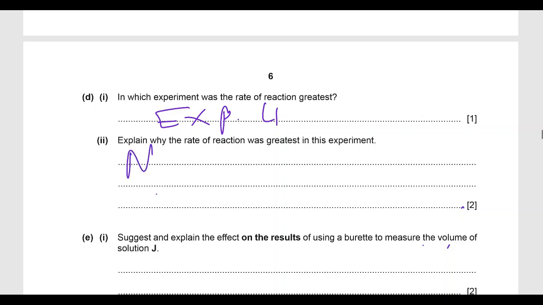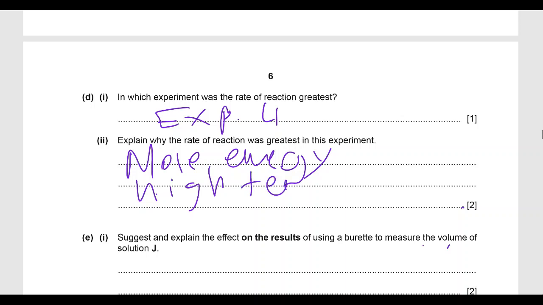Why? Because more energy, high temperature, it was 50. You may say the chance of collision between the particles was more, so the rate of reaction is higher. But according to the question, 2 marks, that means you need to explain 2 reasons.